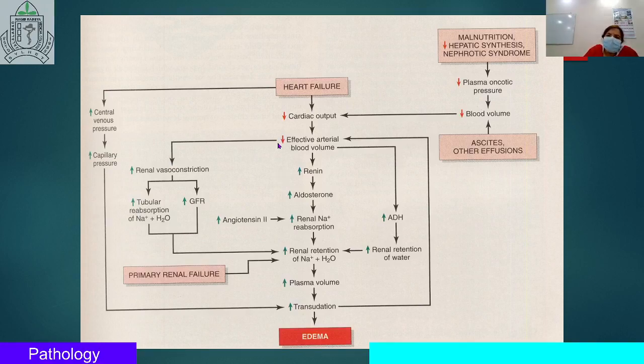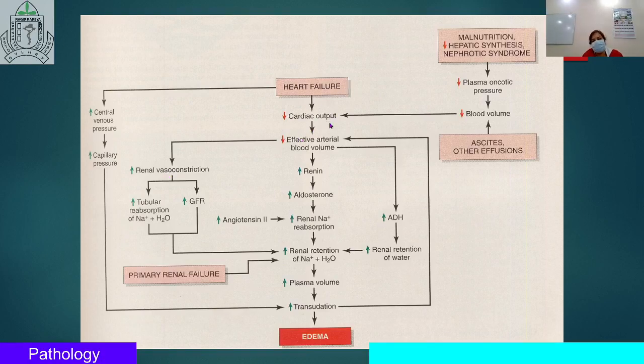So, a very important point: if there is decreased arterial or circulatory blood volume, there are three incidents. One is increased renin secretion, another is increased ADH secretion, and the third point is renal vasoconstriction. We recall this point.